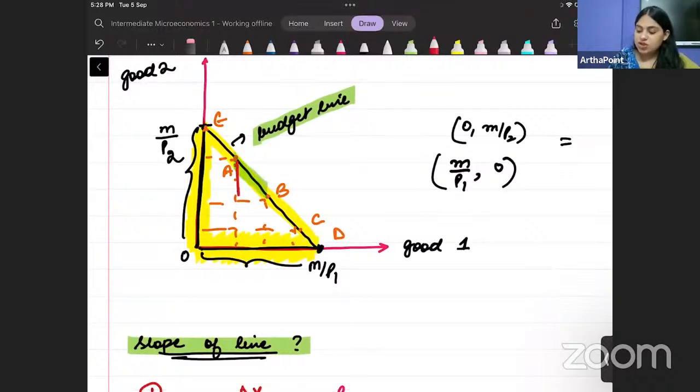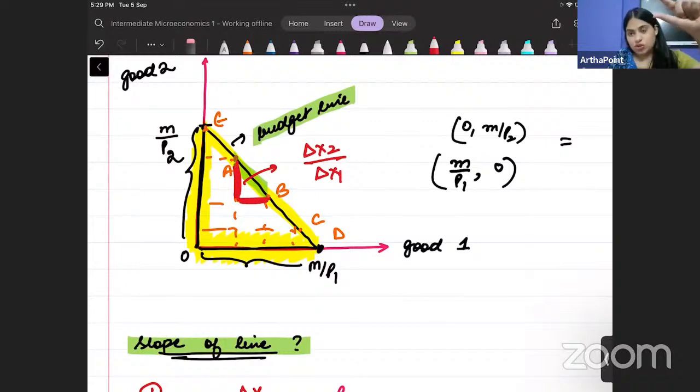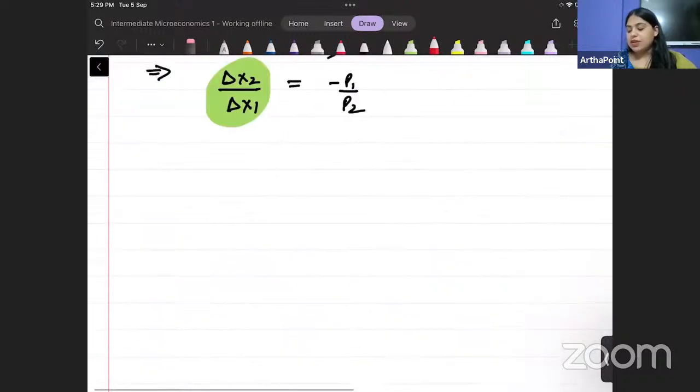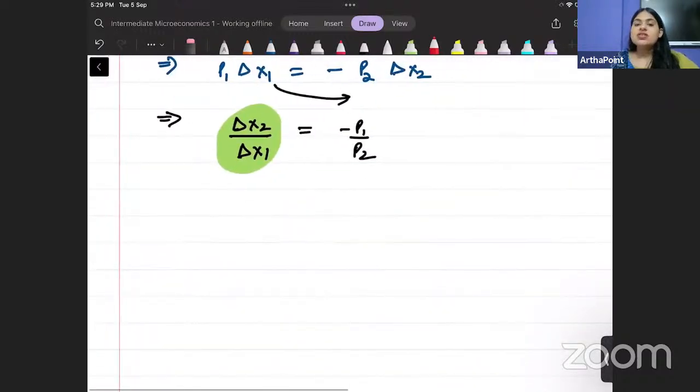Slope is nothing but change in the perpendicular by change in base. Perpendicular measured good 2 and base measured good 1. So slope is nothing but change in X2 by change in X1. And this is coming as minus P1 by P2.